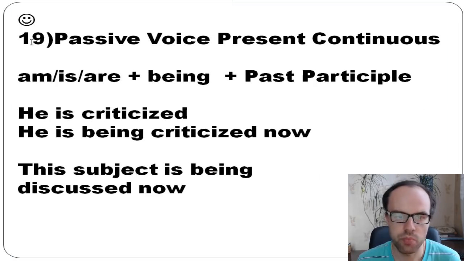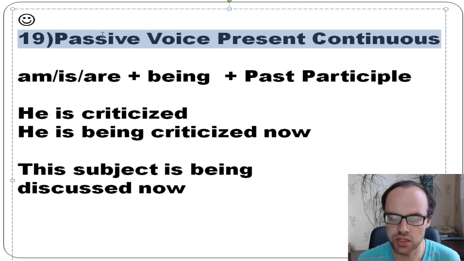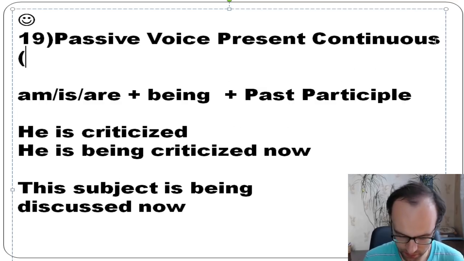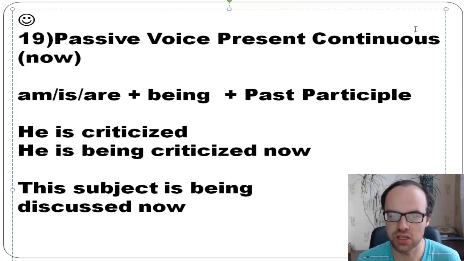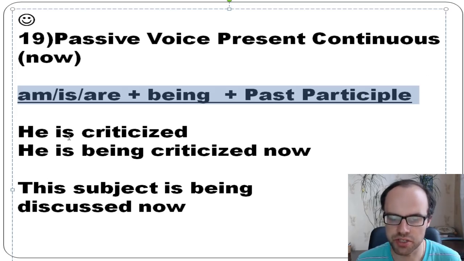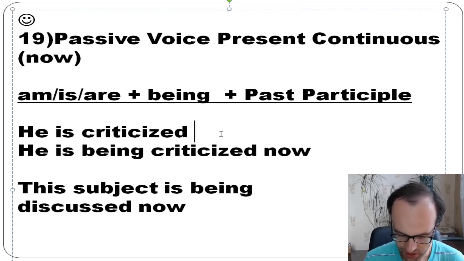Good. Passive voice, present continuous. So you remember when we use present continuous? I hope so. So it's for things which are happening now, yeah? And how do we use passive voice in present continuous? Am, is, are plus being plus past participle. Look, he is criticized. You see, it's present simple passive.